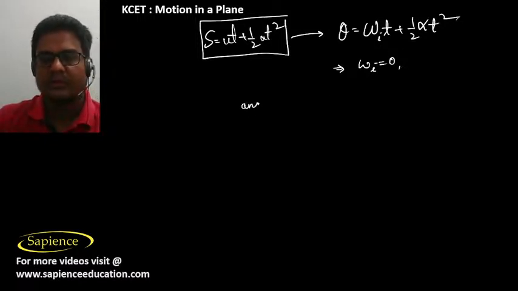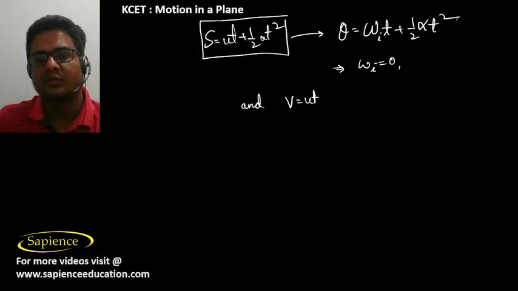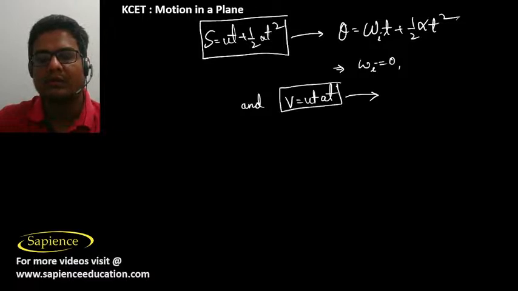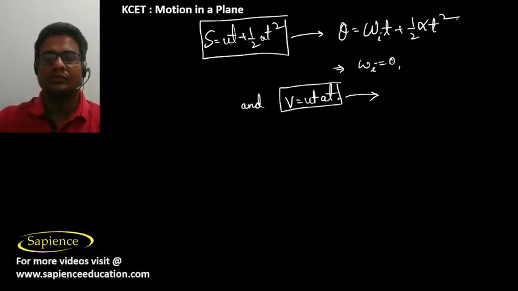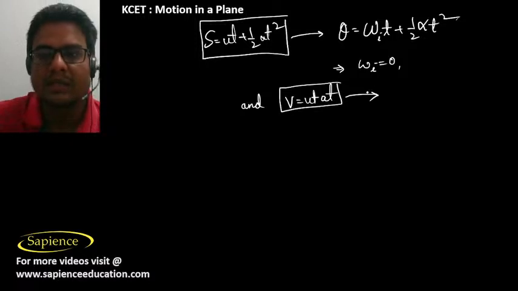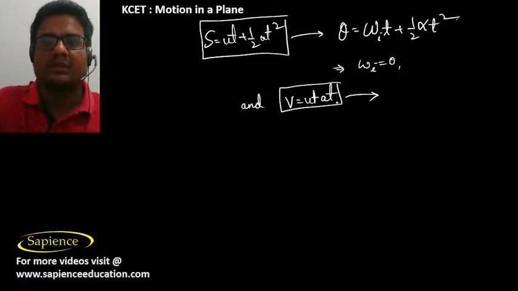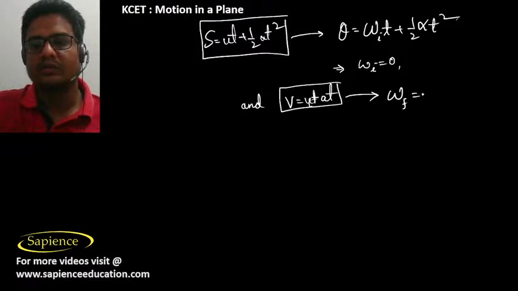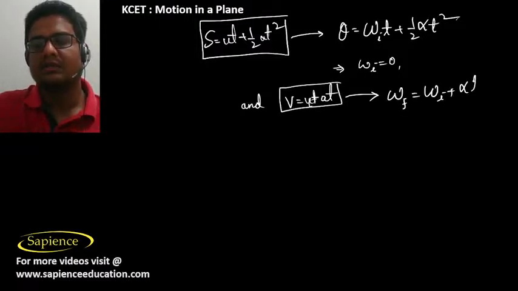Here we can also use v equal to u plus at. Writing its rotational analog, omega final equals omega initial plus alpha t.